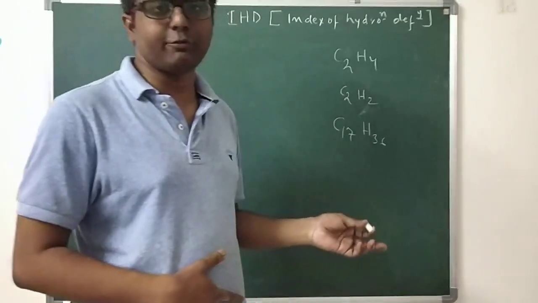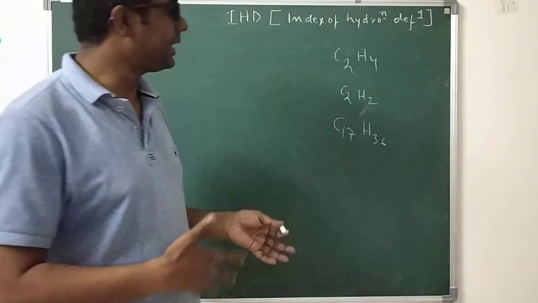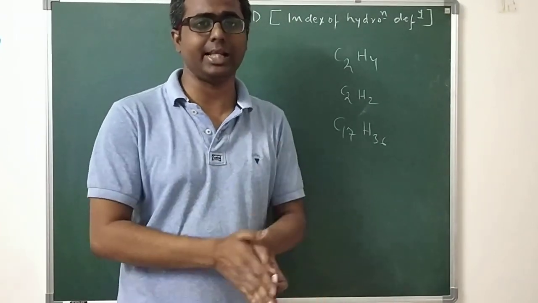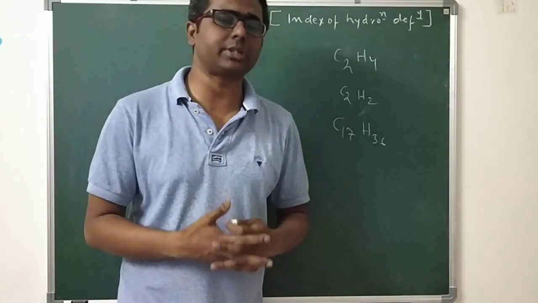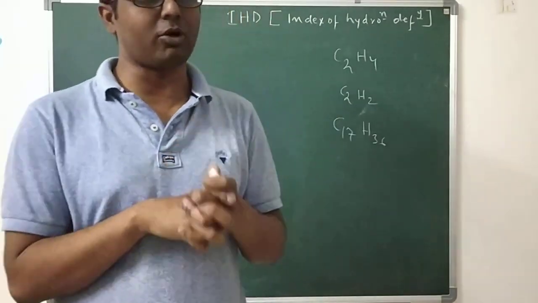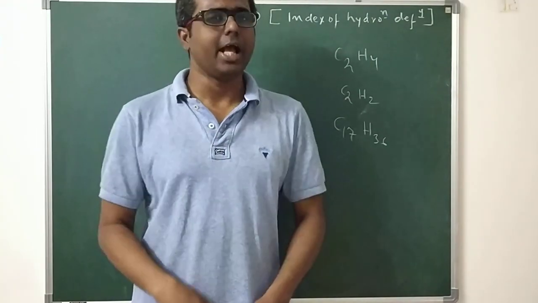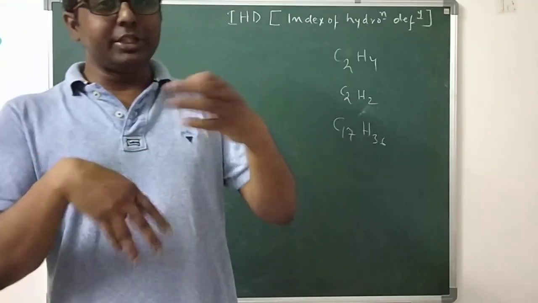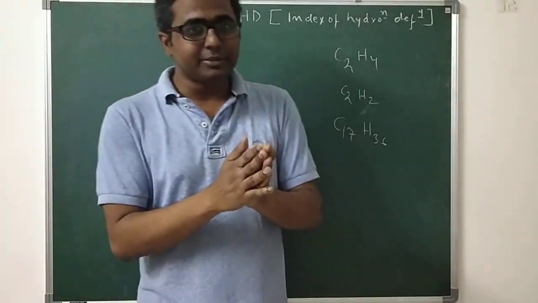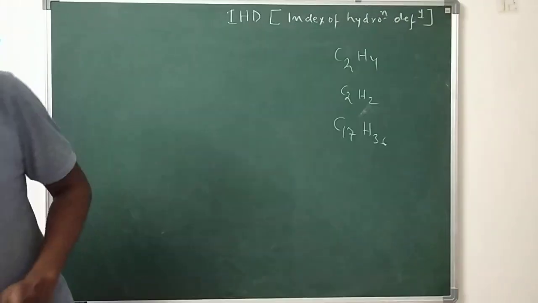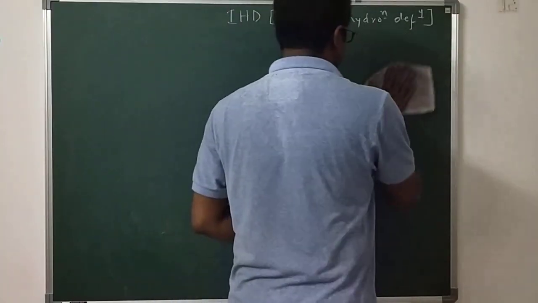Yes, you will use the formula CnH2n, CnH2n plus 2 to get an idea whether it's an alkane or alkyne. But what about cycloalkanes? What about bicyclo compounds? There can be so many permutations and combinations that will come to your mind and you will get confused. So, how to find out the isomers?